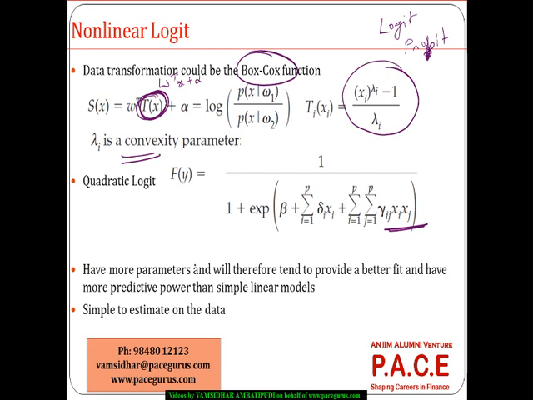The advantage of the non-linear approach is we have more parameters now, which means there is a possibility of a much better fitment and a much better predictive model compared to the typical linear models. All these are present as part of sophisticated statistical packages, so we really need to understand their usage so that we can run them comfortably on the statistical packages.